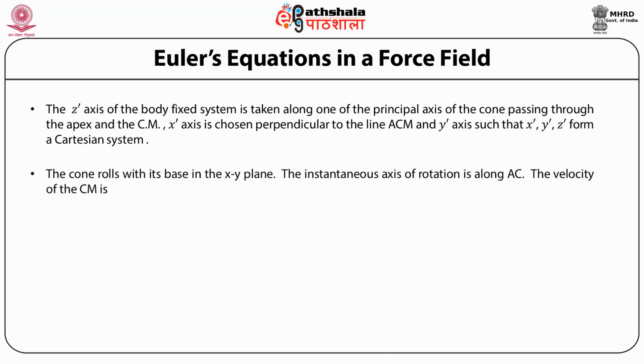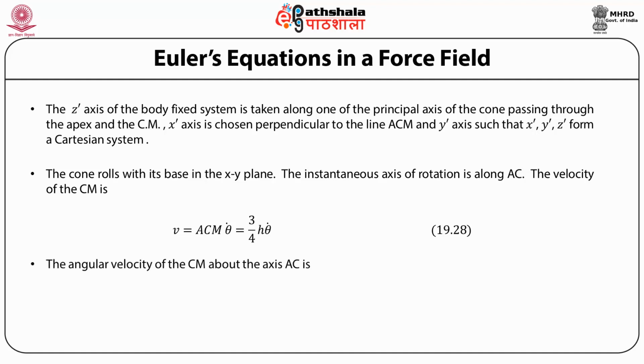Now the cone rolls with its base in the xy plane. The instantaneous axis of rotation is along the line AC, and the velocity of the center of mass v is equal to the length ACM into theta dot. The ACM is 3 by 4 h, so the velocity of the center of mass is 3 by 4 h theta dot.